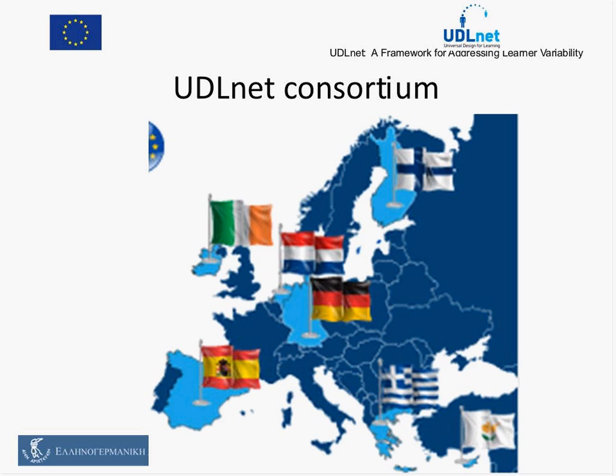We have 2 partners from Ireland, NHL University from Netherlands. We have a partner from Germany, CEFAS, and Spain. Information is available on our website, and depending on your country, you might contact the respective partner.